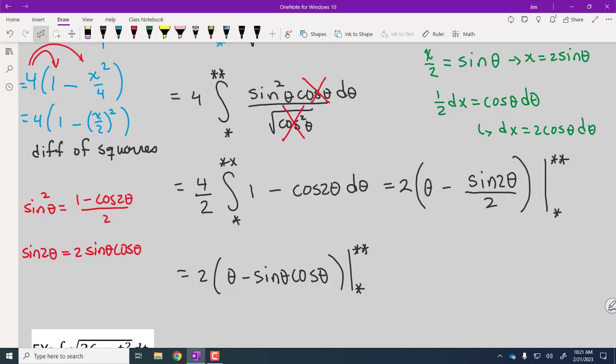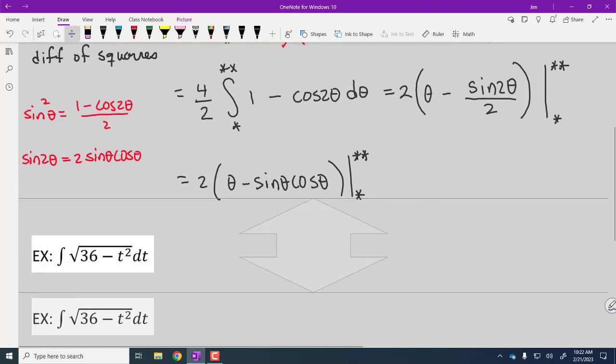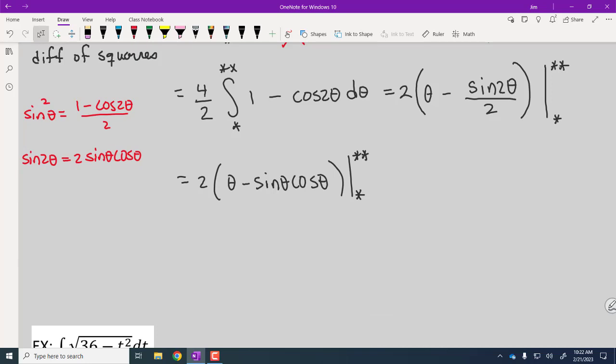All right. So now the next jiggy piece is we use a visual way to replace the thetas with x. This is where you can be creative. So here is a triangle, a right triangle. Every single time when you do trigonometric substitution, you're going to have to draw this right triangle.